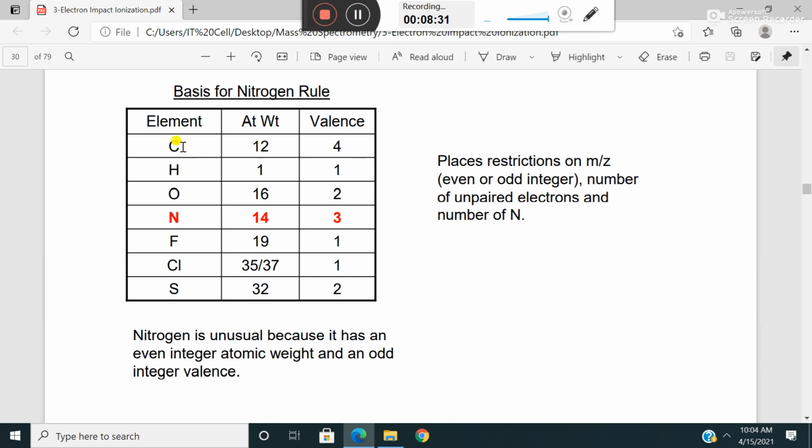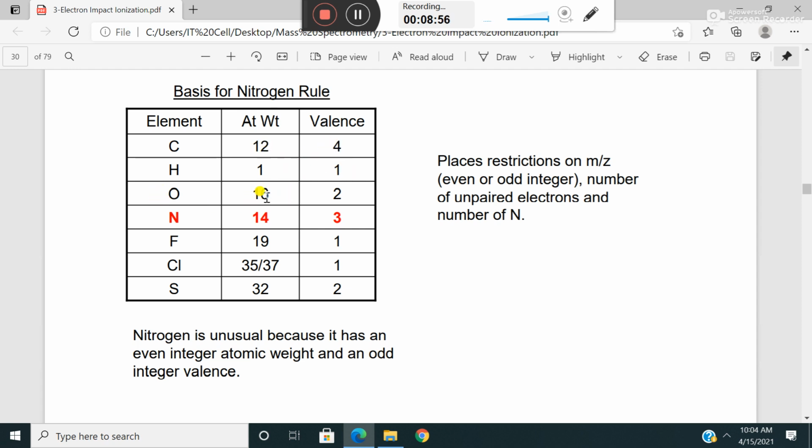For instance, for carbon the atomic weight is 12 and its valency is 4, which is even. What about hydrogen? The atomic weight is odd, as well as the valency. Odd, odd, even, even.